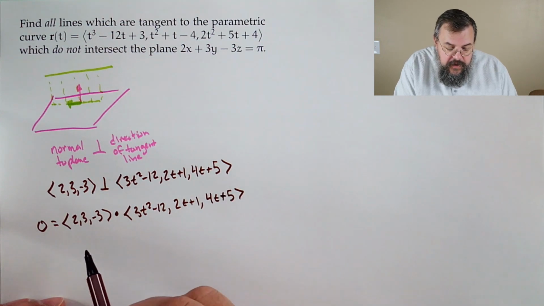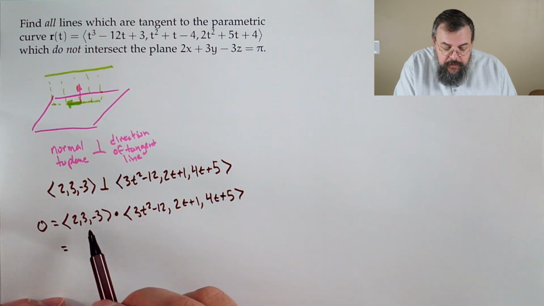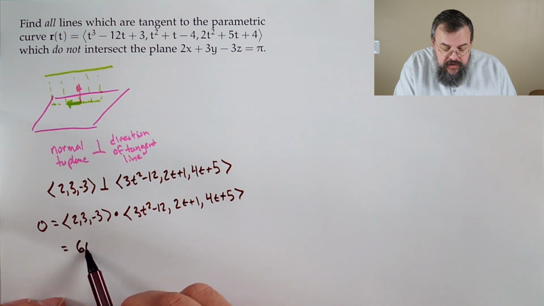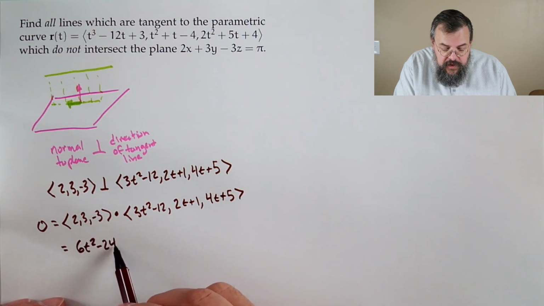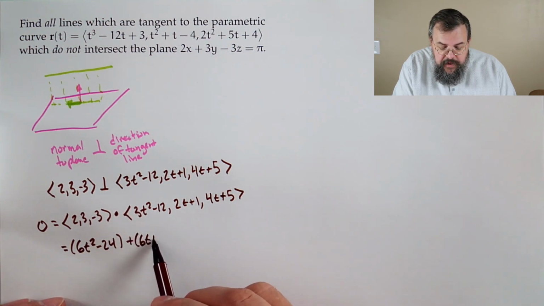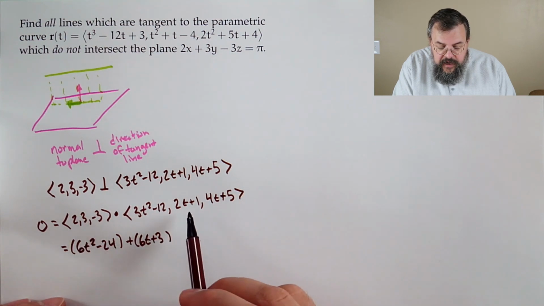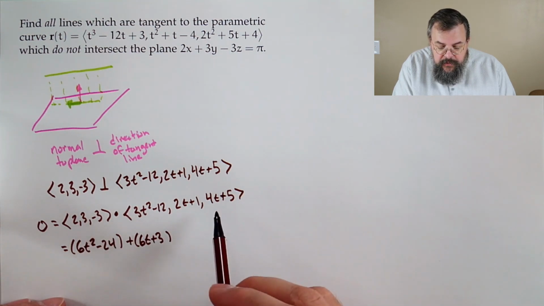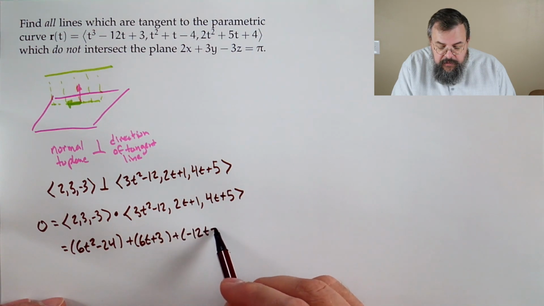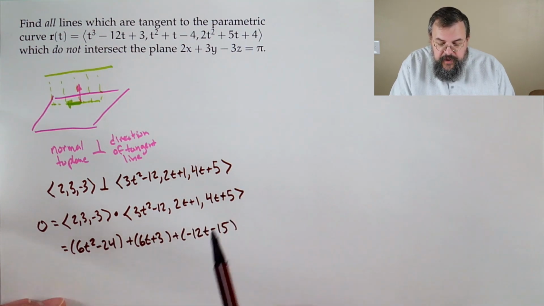Taking our dot product, 2 times 3t squared minus 12 would be 6t squared minus 24. That's the first term. 3 times 2t plus 1 would be 6t plus 3. That's the second term. And then negative 3 times 4t plus 5 would be minus 12t minus 15.